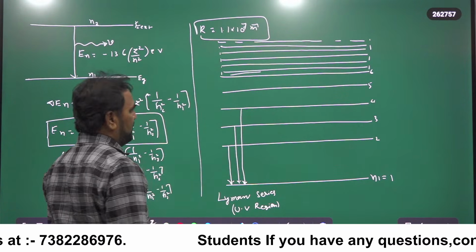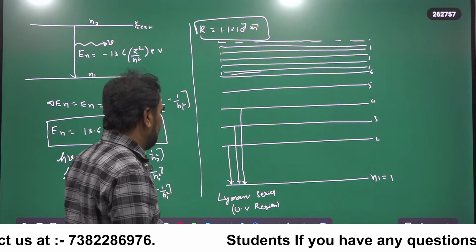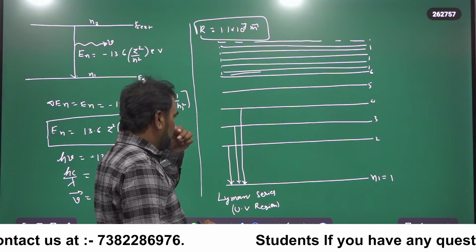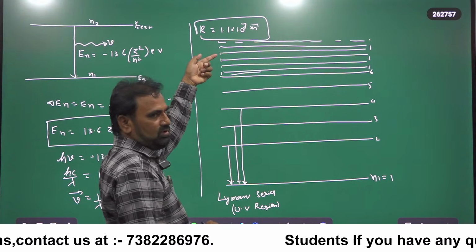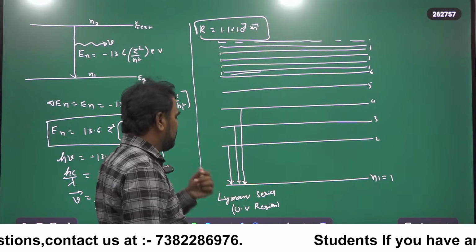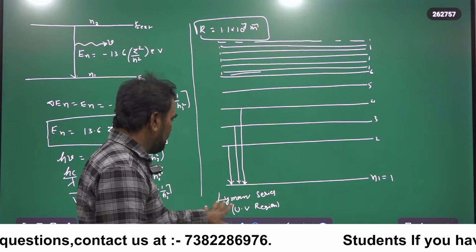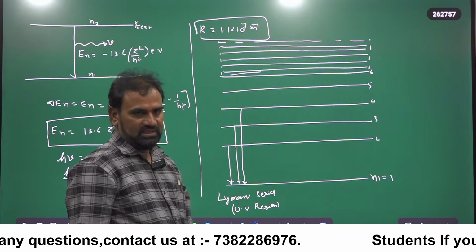When the electron undergoes transition from N2 equal to 2, 3, 4 and so on up to infinity, to N1 is equal to 1, then Lyman series is forming. This Lyman series is in the UV region.